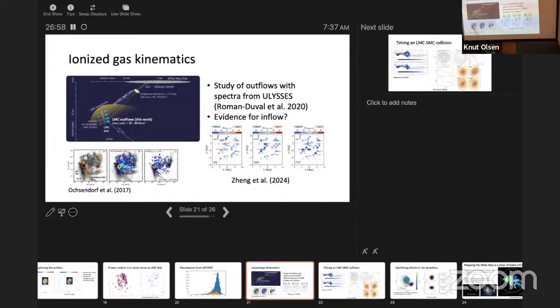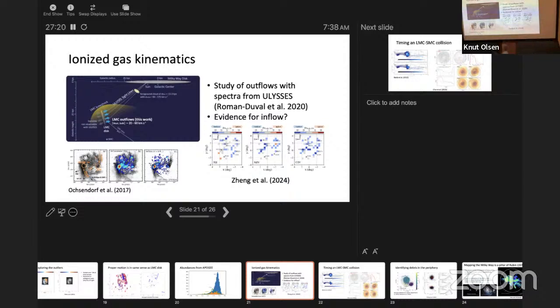So what we're wondering is, some people have thought that these arms are actually being launched out, and that may still be true for part of it, by the star formation activity at 30 Doradus, right, which is the most active star forming region in the Local Group.